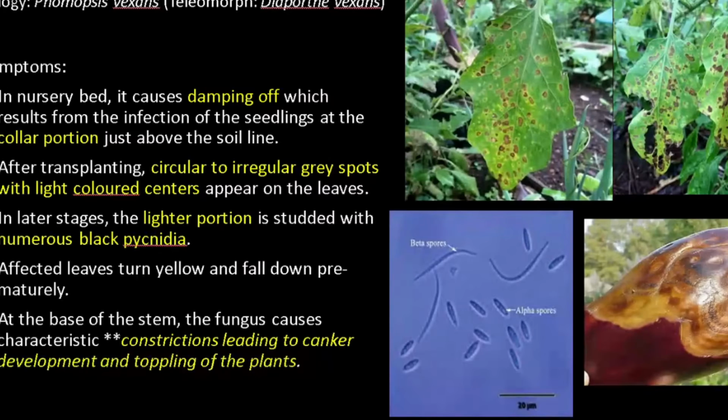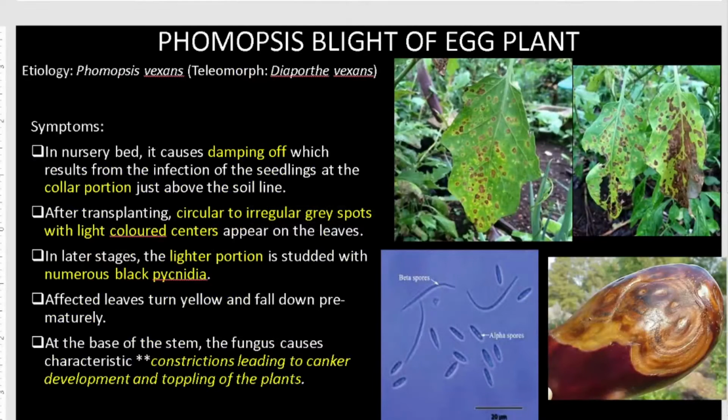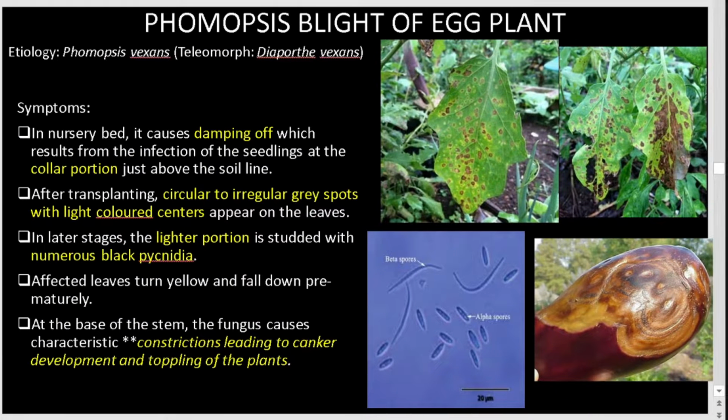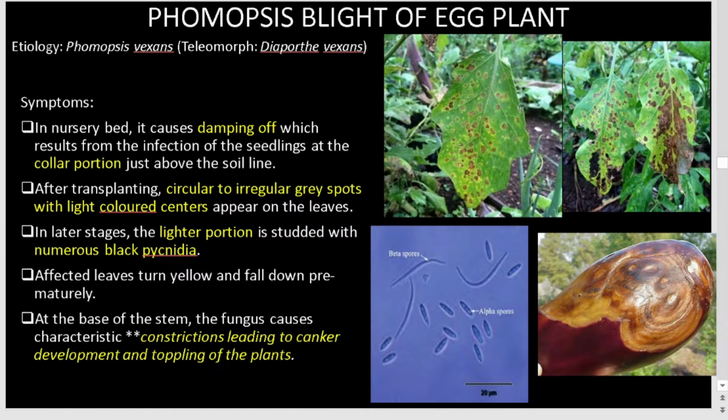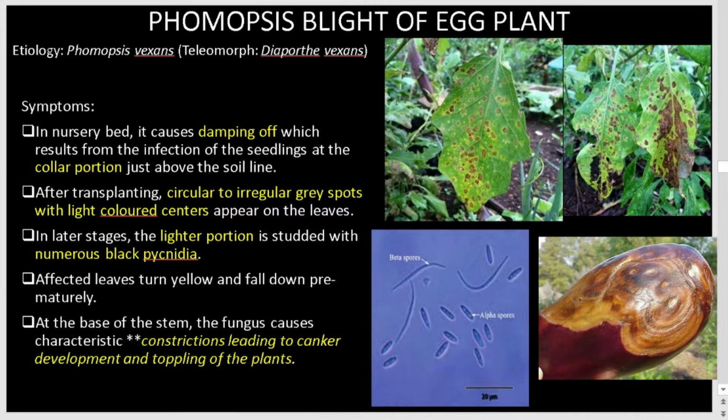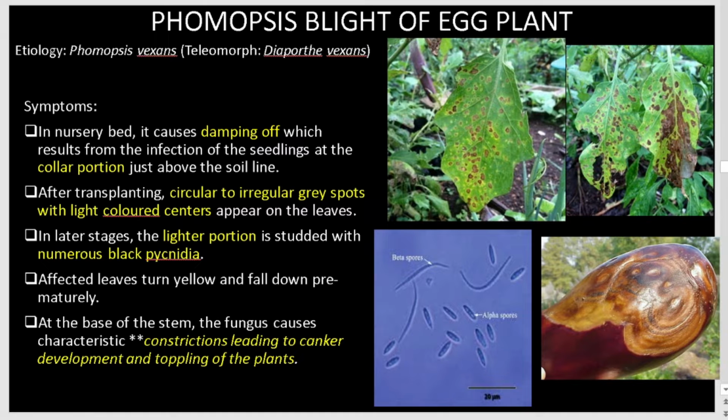In the initial stage, the entire lesion may be white or grayish, but soon the margins of the lesions become dark colored, reddish brown, or sometimes totally brown, due to which the circular spots have a gray center. That means they have a light colored center and dark margin.